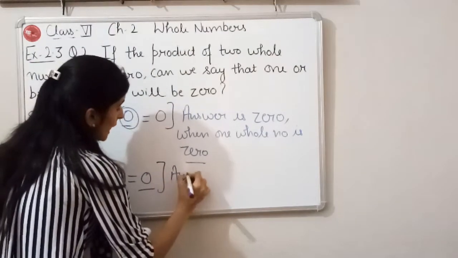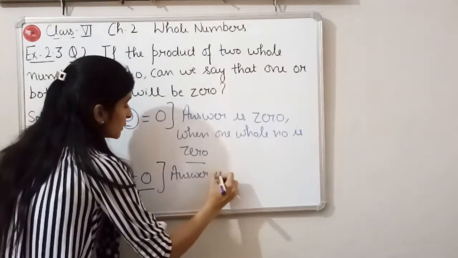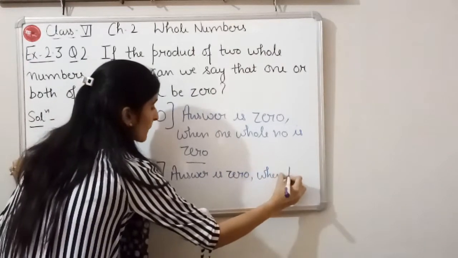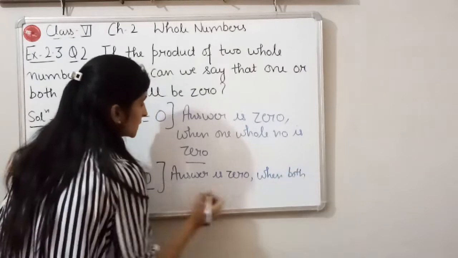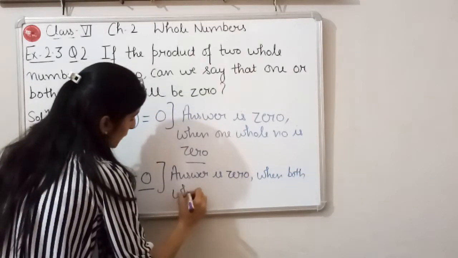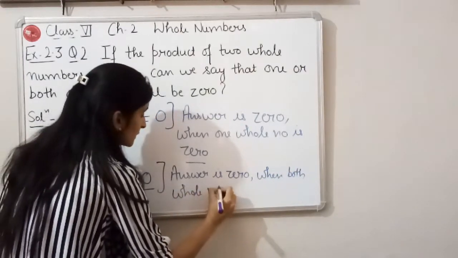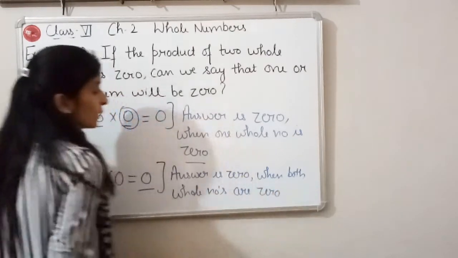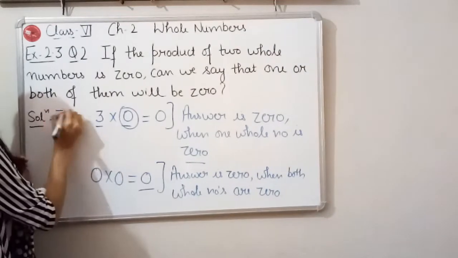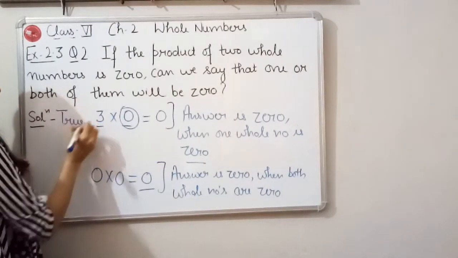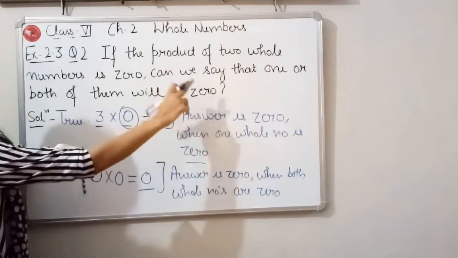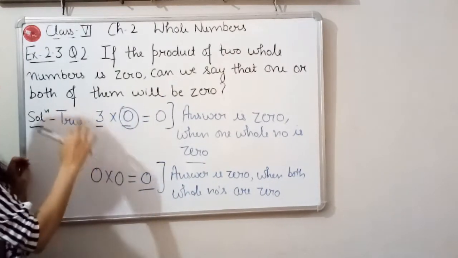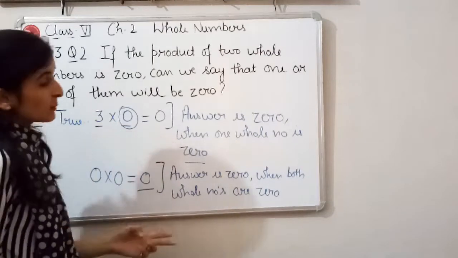So answer is 0 when both whole numbers are 0. Okay, so it is true. What was the question? Can we say that one or both of them will be 0? Yes, it is true. One or both of them must be equal to 0.